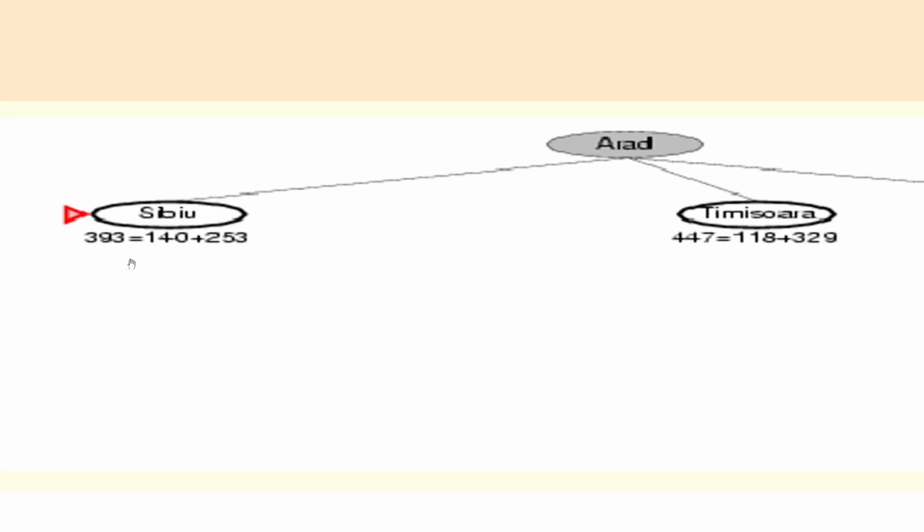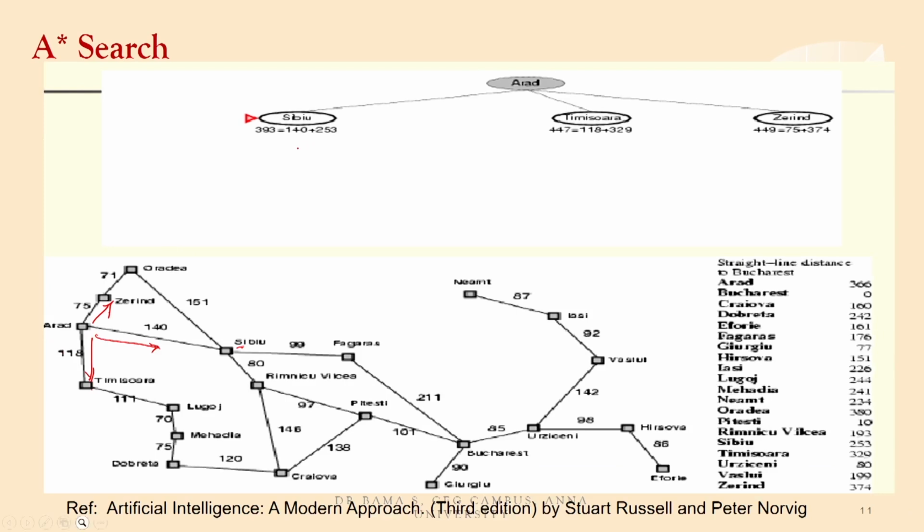The actual cost from Arad to S is 140, and that 140 is added here, and on the right side the h of n value for S is 253, which is added here.